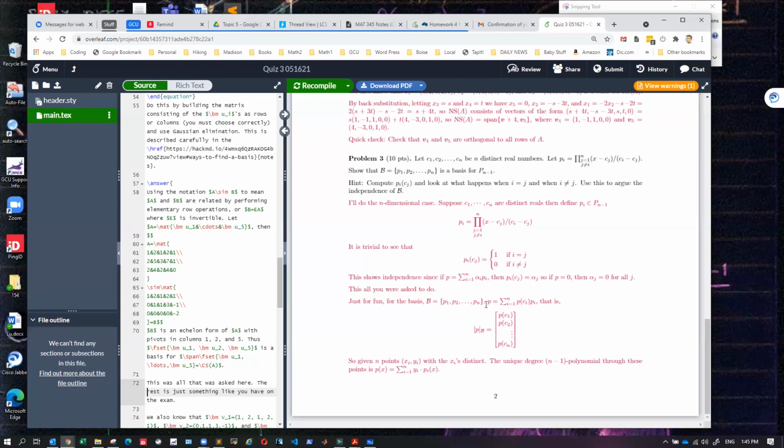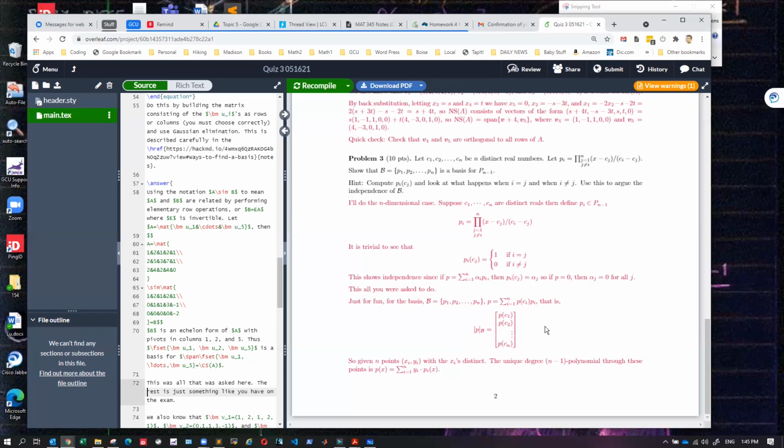So now I want to expand an arbitrary polynomial in this basis, but it's completely trivial to do. I just have to evaluate p at each one of those points and then multiply by pi. So it becomes really easy to take an arbitrary polynomial p, an n minus 1 degree polynomial, and write it out in terms of that basis. All I have to do is evaluate p at each of the ci's. That turns out to be really useful.